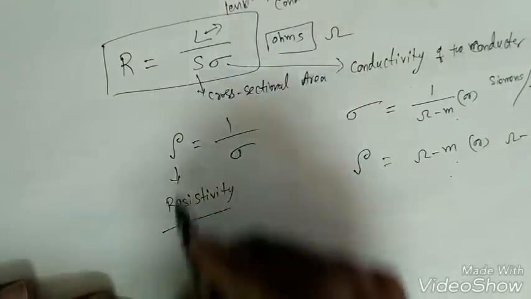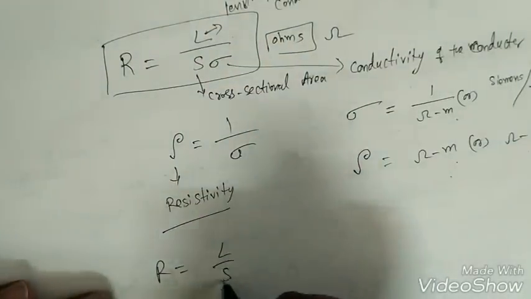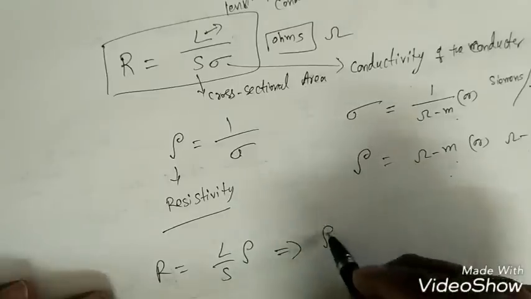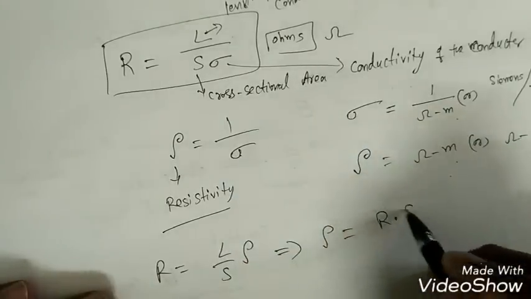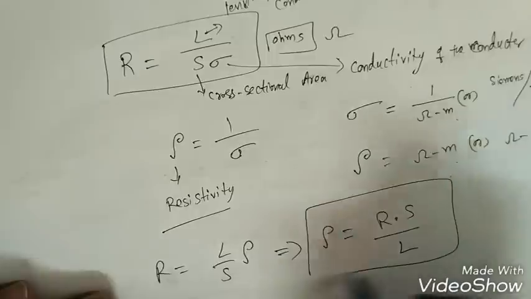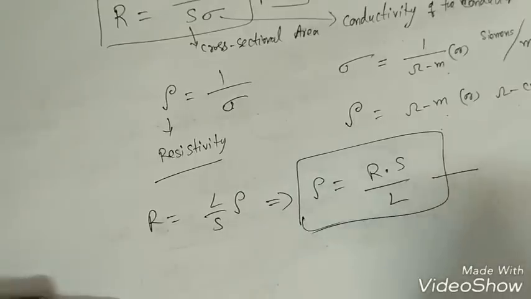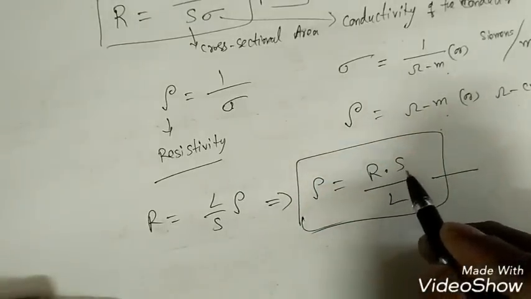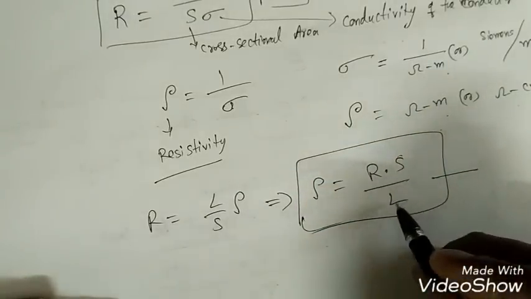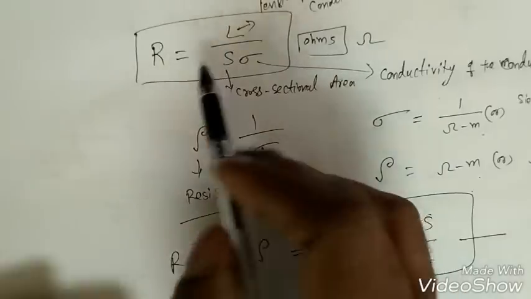So can I replace here: R is equal to L by S into rho, and resistivity can be found as R into S by L. So this is one more expression we need to remember. Rho is equal to R into A, the cross-sectional area, by L, the length.